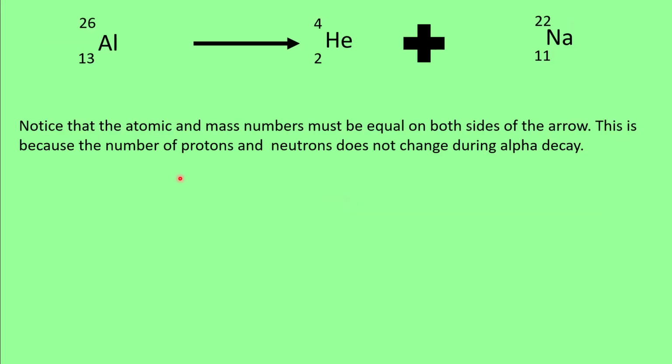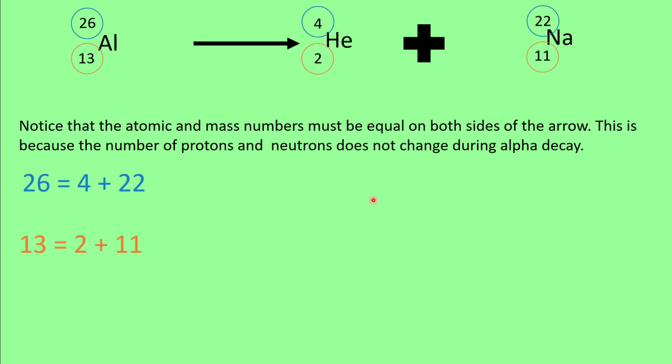So once again, notice that the atomic number and the mass number must equal on both sides of the arrow. And this is because the number of protons and the number of neutrons does not change during alpha decay. So 26 is 4 plus 22, and 13 is 2 plus 11.